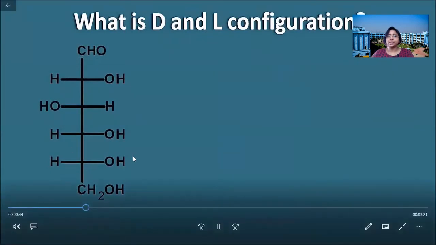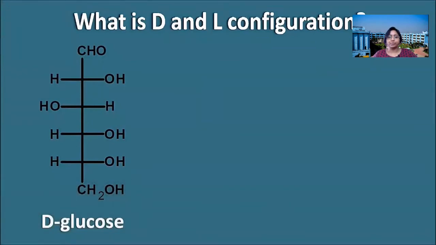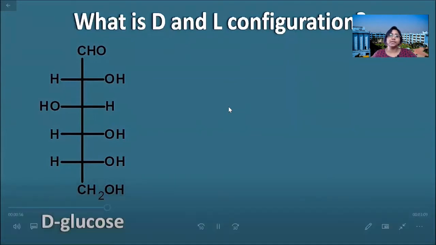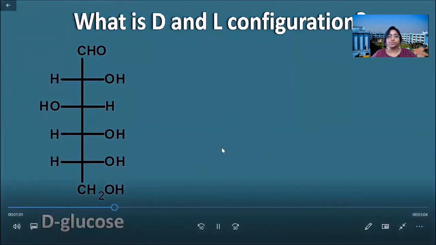So take this structure. First, we have to find out the asymmetric carbon. This is the D-glucose. So find out the asymmetric carbons. How many asymmetric carbons are there? There are 4 asymmetric carbons. So first this one, second, third, and fourth.